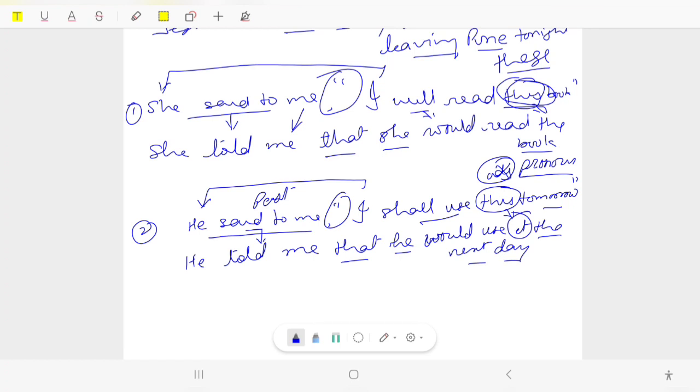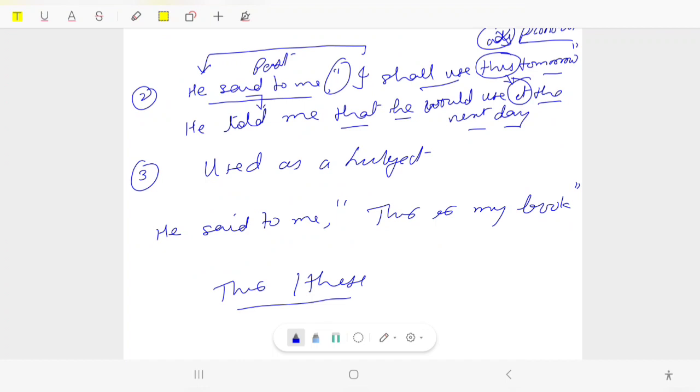So it's clear, "this" will not change into "that" in three conditions. The first condition is when it is used as an adjective. The second condition is when it is used as a pronoun. The third situation is this one: when these two demonstratives are used as the subject.